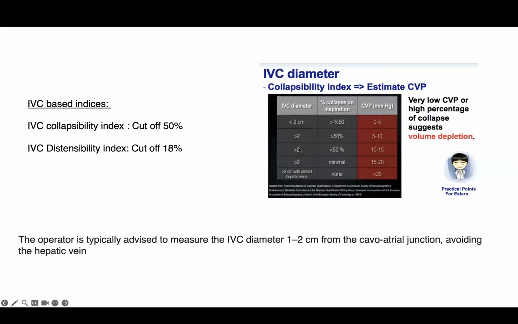If it is more than 2 and collapse is less than 50% but more than minimal, it can be 10 to 15. If the IVC diameter is more than 2 and collapsibility is more than 50, then the CVP is likely 5 to 10. If the IVC diameter is less than 2 and collapsibility is more than 50, then the CVP is likely 0 to 5. From an exam perspective, when you read about hemodynamic monitoring, please remember this. This is likely to be asked.